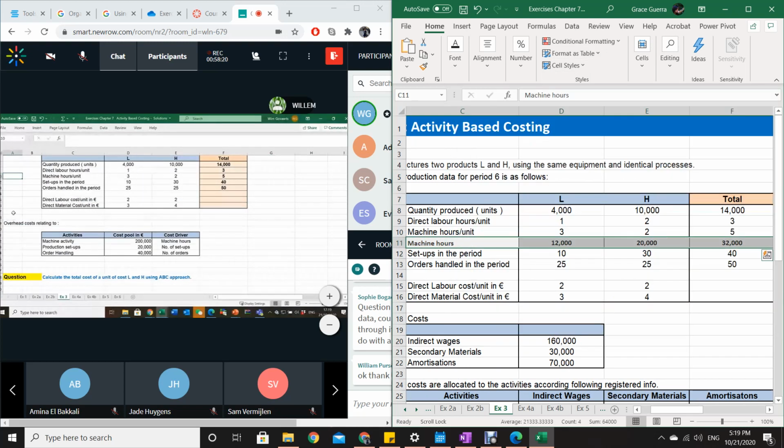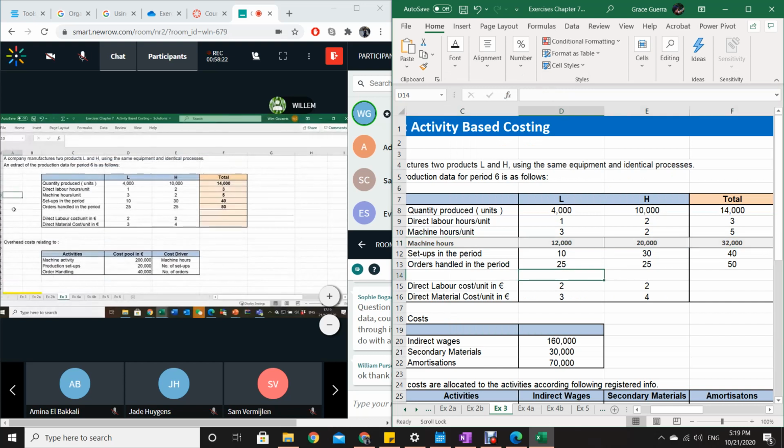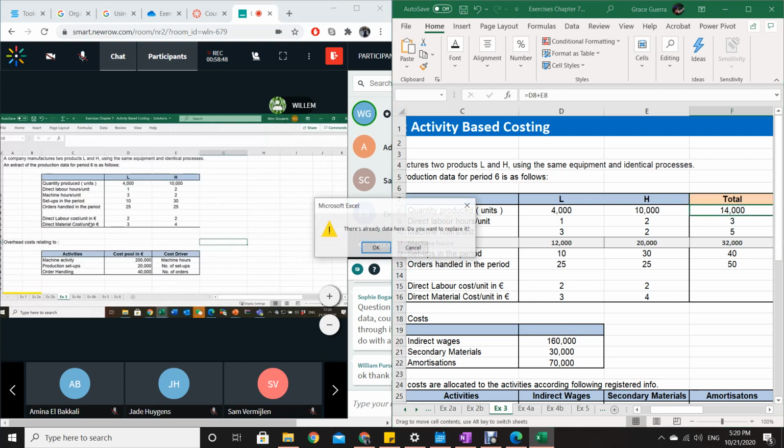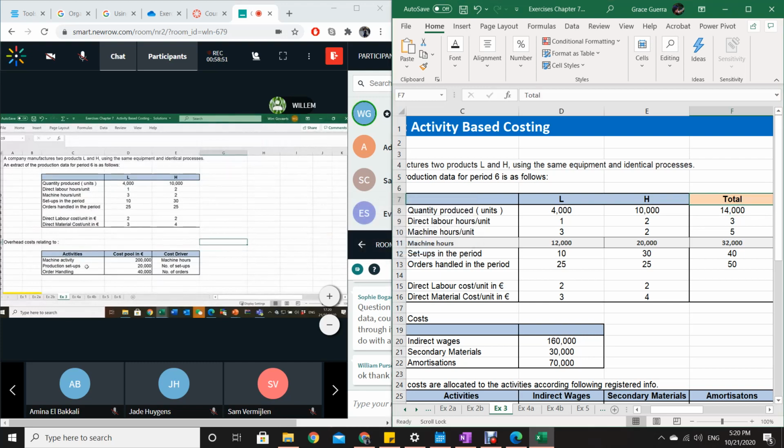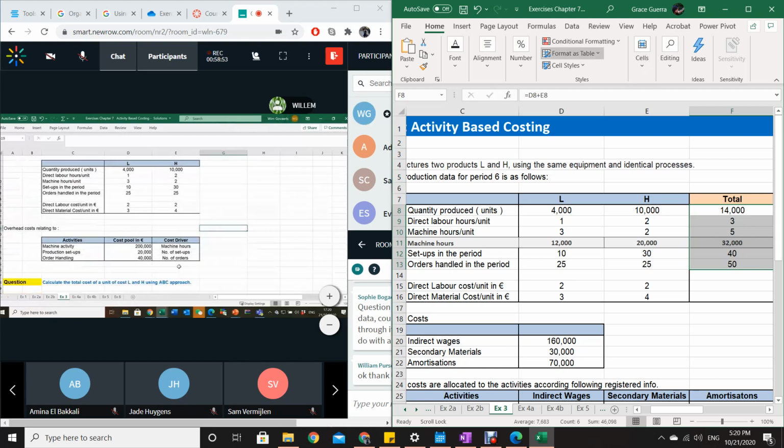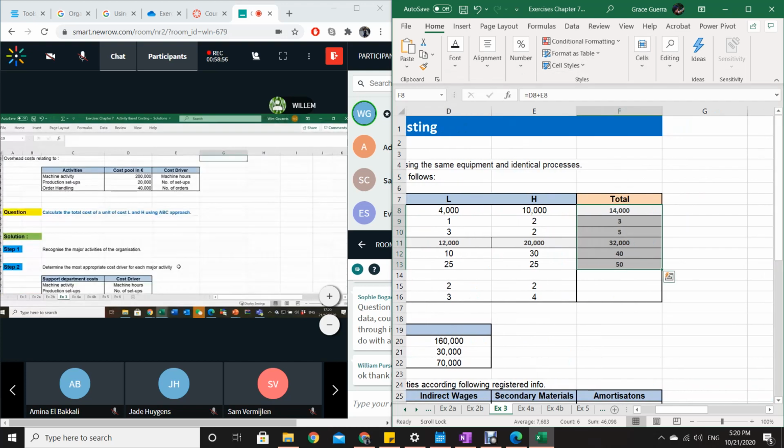The data are more or less the same, maybe ordered a little bit differently, but at the end the data are pretty much the same. I have already made the totals, something you should normally do yourself. You get more or less the same data: units produced, direct labor hours per unit, machine hours, setup cost, orders, all this information. You have 3 activities with 3 cost drivers, and you will go exactly the same way of working.